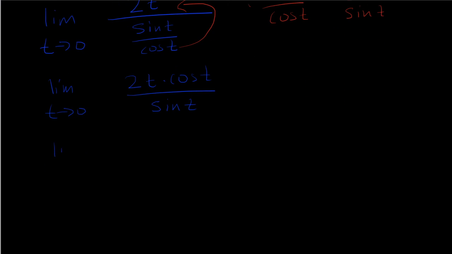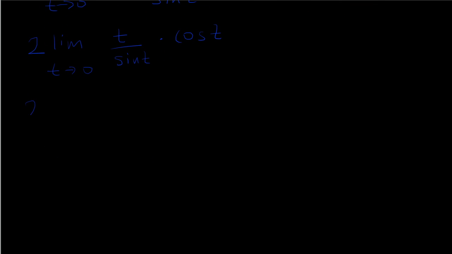Well, I can take the 2 out in front, and I'm left with t over sine t times cosine t. I can rewrite the t over sine t as 1 over sine t over t.